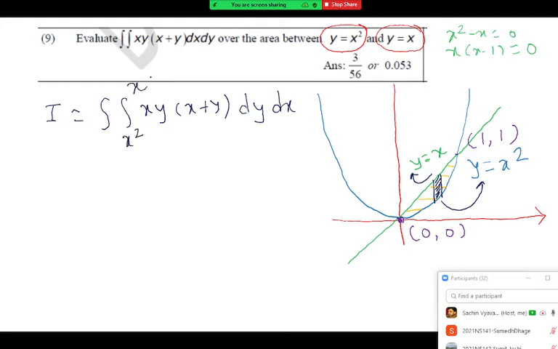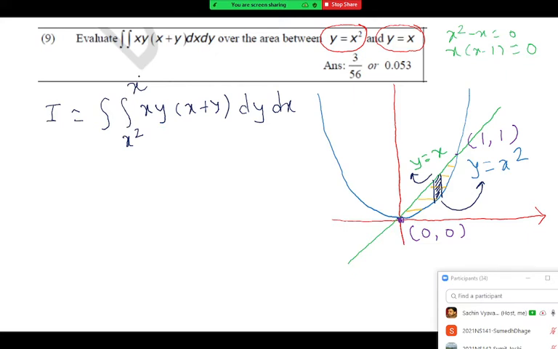Here a few students have the problem: they think x² is greater than x, so x² should be the upper limit and x the lower limit. That is not correct, because on the interval 0 to 1, x² is less than x. Because of that, x² becomes the lower limit.